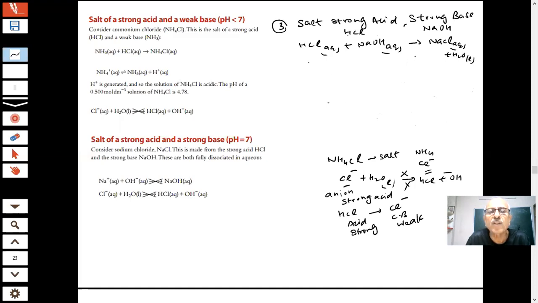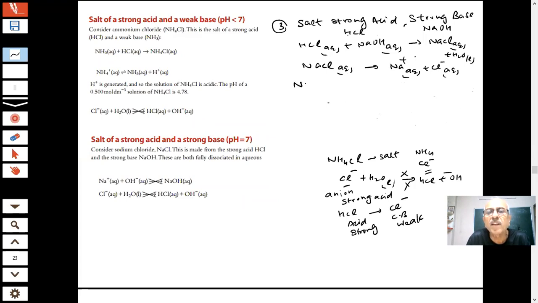Now the salt is ionized in water, you are saying, but what ions is it producing? It will give you Na plus aqueous, Cl minus aqueous. Now you are saying the salts get hydrolyzed. What will be the result?